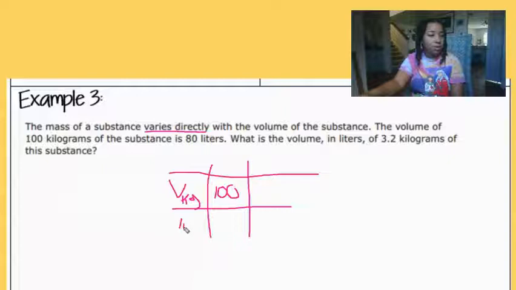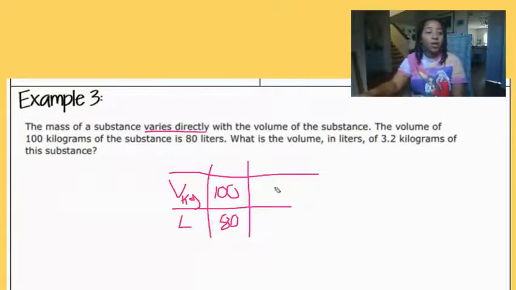We're going to put liters down here. I know in science, you just put a big L for liters. So we're going to keep that same energy. And I'm going to put a large L for liters is 80. Okay, that's our direct variation formula. They vary directly. So whatever happens to the bottom is also going to happen to the top.